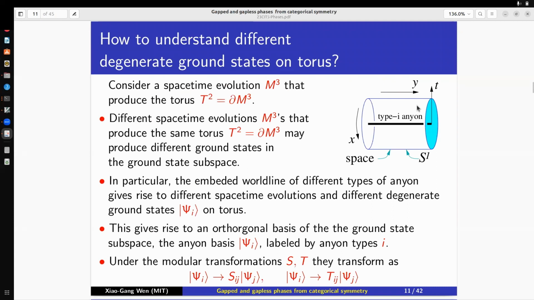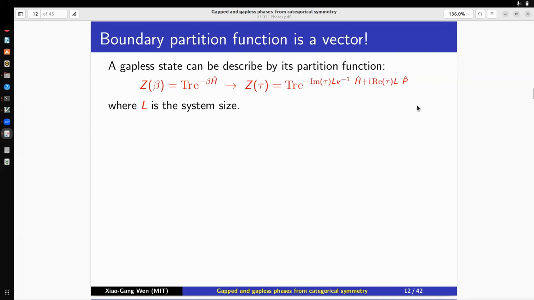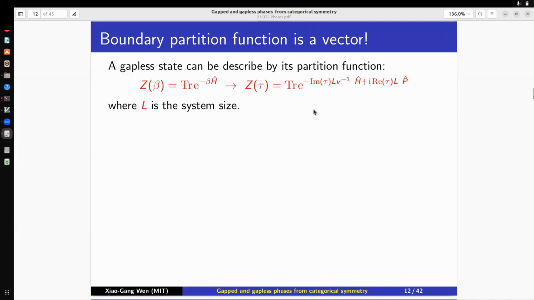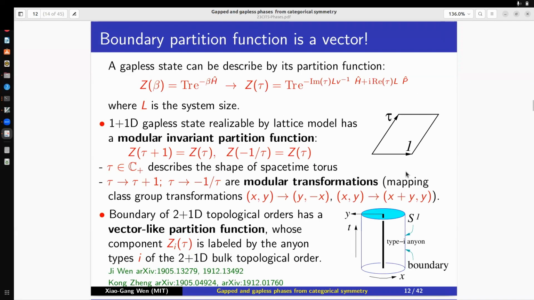So this is a story about what data we use to describe a topological order. Okay. So the next one is: what is the data to describe gapless states? Here the picture is the following.